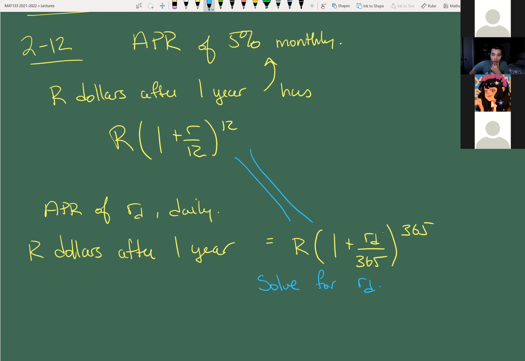What is R sub W, such that if I compounded weekly, I would get the same answer? You do the same thing, using 52 this time, and then you would solve for R sub W. That's how you would do that question, no matter what compounding period I gave you. Okay, everyone good?